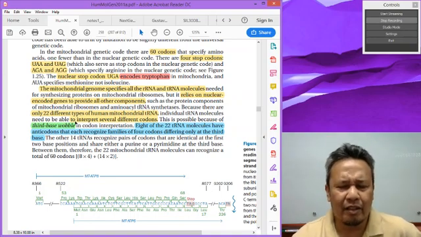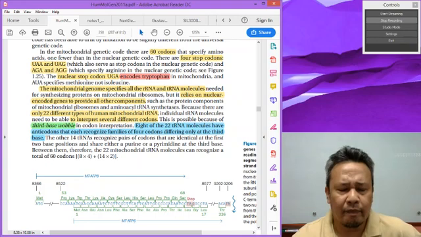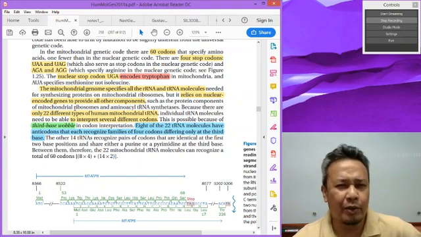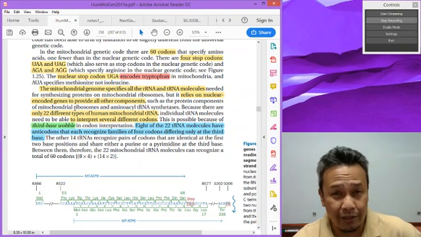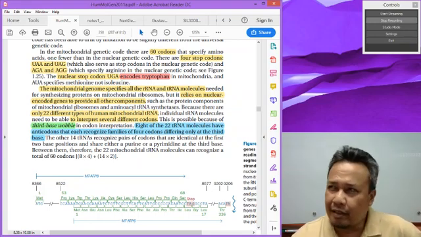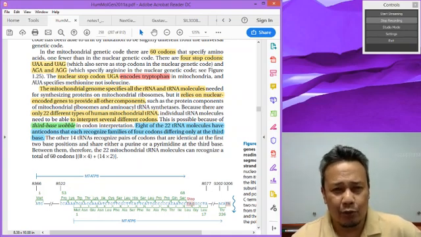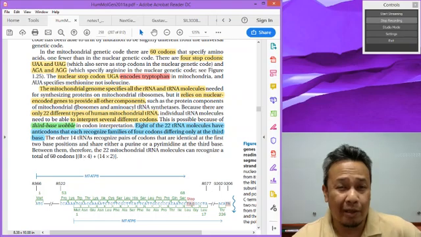This phenomenon, you've seen this before, perhaps in your second year, where we talk about the wobble hypothesis. Crick, I think, and others were trying to answer this question and came up with the third-base wobble hypothesis.